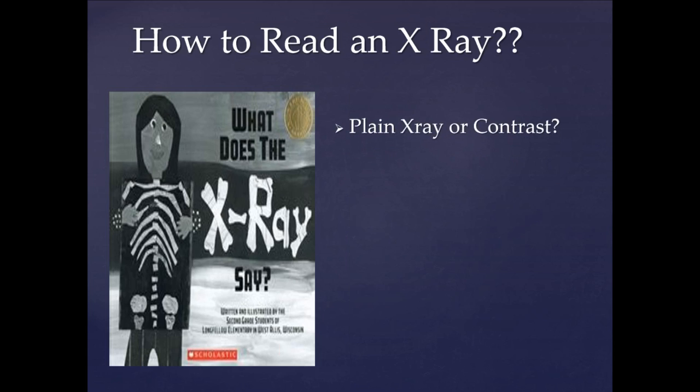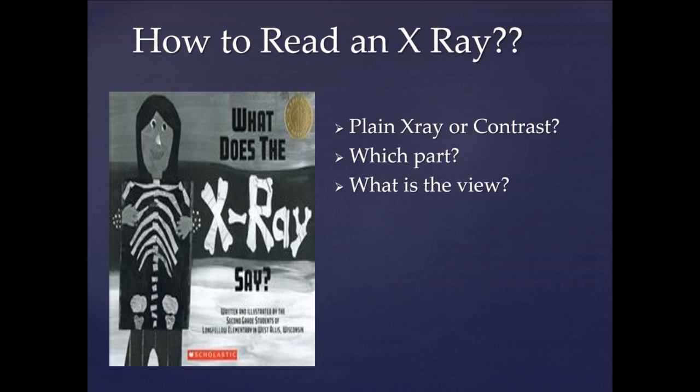So how to read an X-ray? First you should see whether it is a plain X-ray or a contrast X-ray. Then you should mention which part of the body you are seeing in the X-ray. Then what is the view?